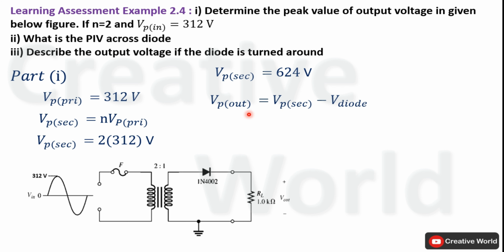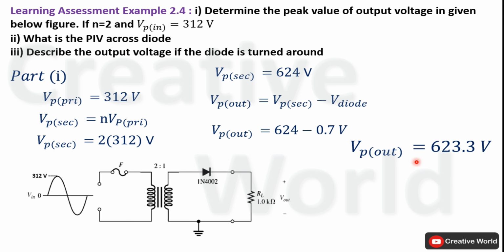V peak output voltage will be equal to V peak secondary minus diode forward voltage drop. We know the value of V peak secondary that we calculated in the previous step. The diode voltage drop is also known, so placing the values inside this equation, V peak out will become 623.3 volt.